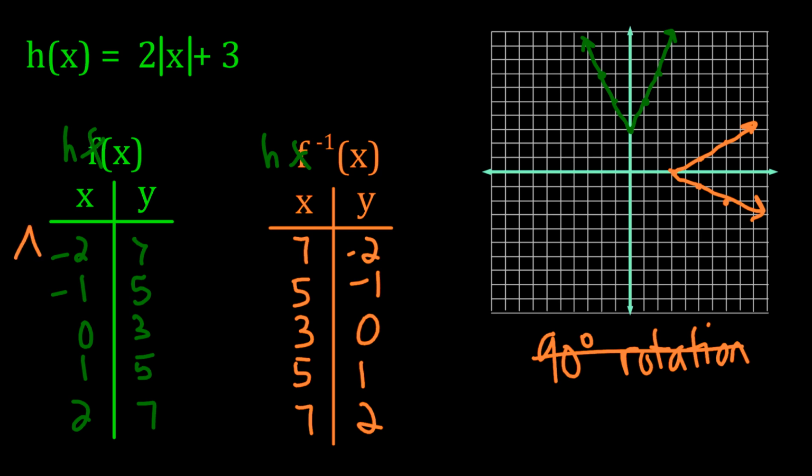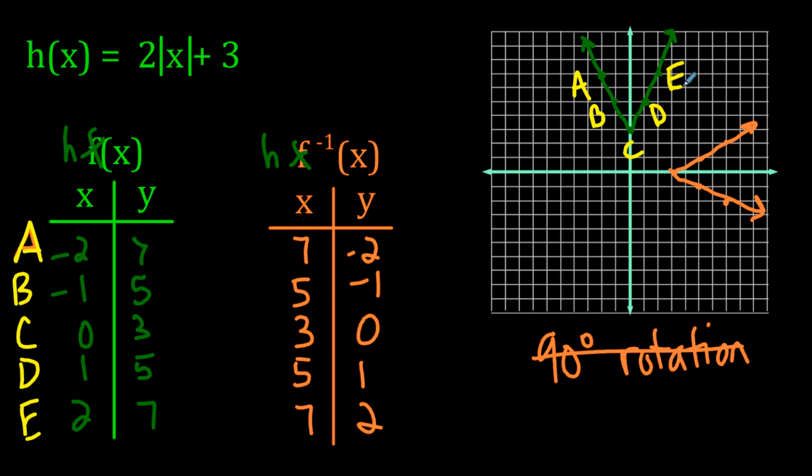Let's call the first point A, next point B, next point C, D, and E. Now let's label those. So we got negative 2, 7. That one's A. Negative 1, 5 is B. C would be down here at the vertex. D would be over there, and E right here.